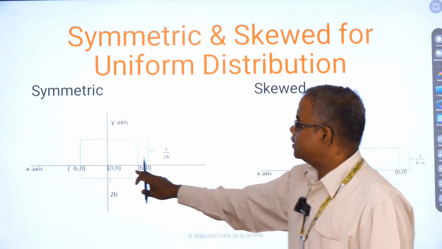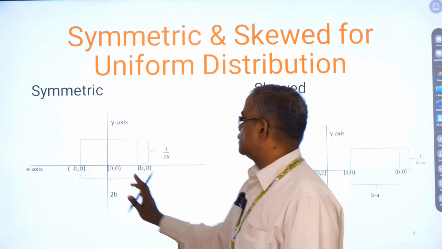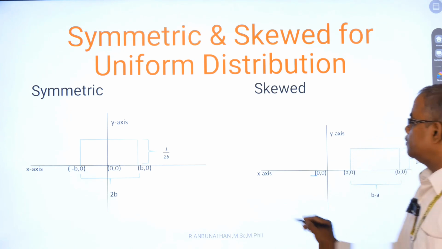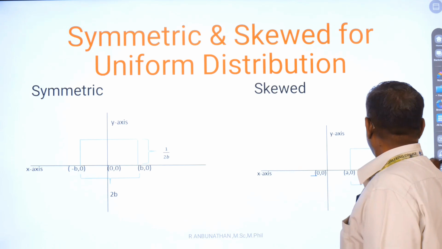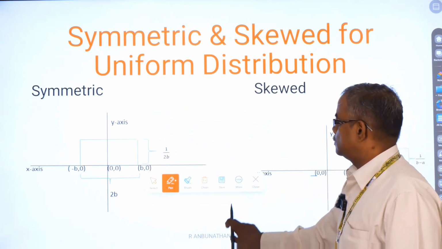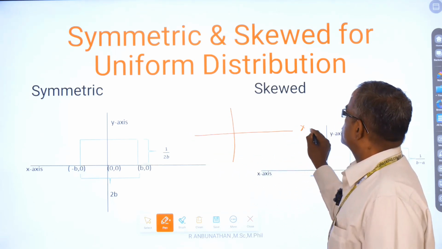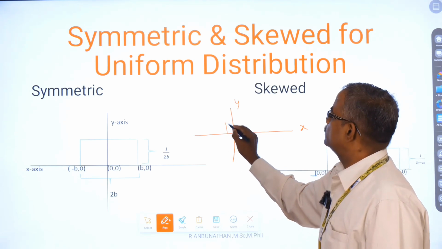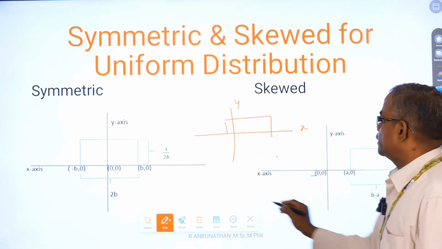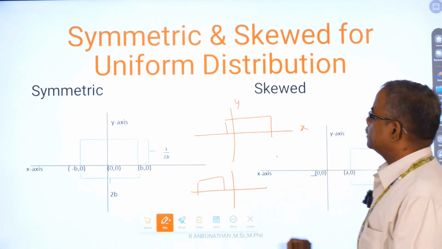The symmetric case is represented here, from minus b to b; this curve is symmetric about the y-axis. But if it is represented from a comma 0 or some other interval, it will be skewed. Sometimes, with this x-axis and y-axis, we can also have a non-skewed one; it may be on either side.